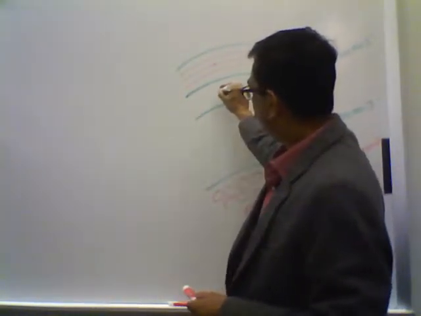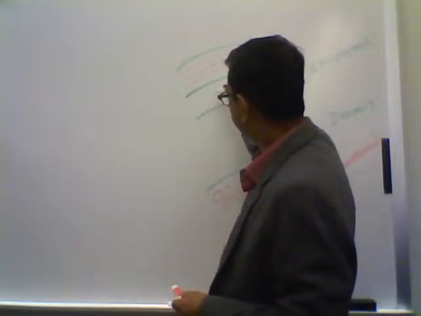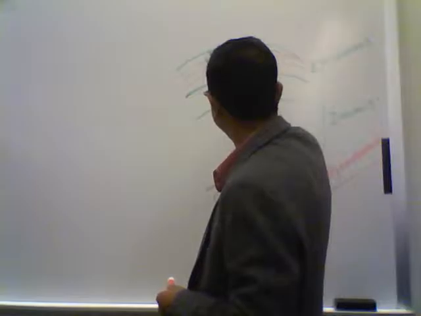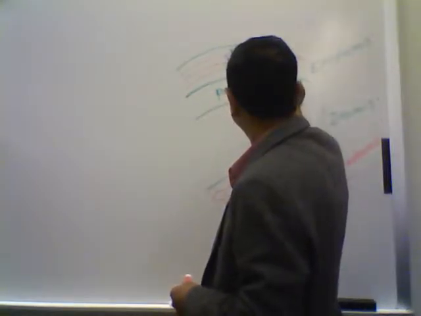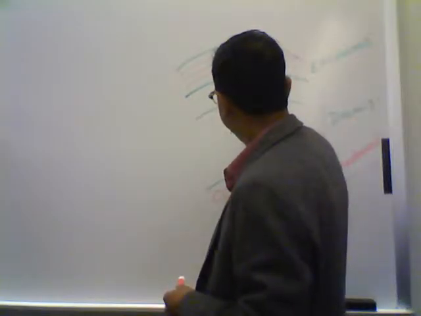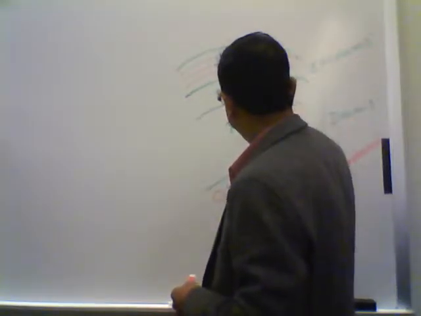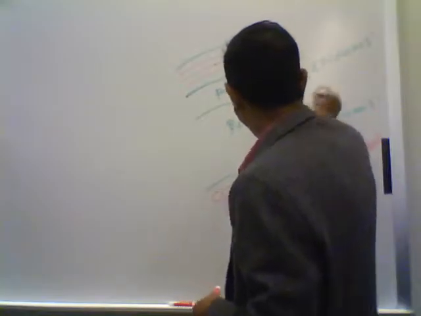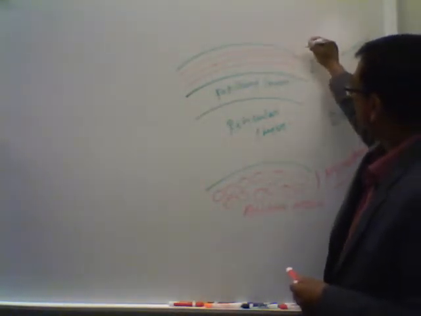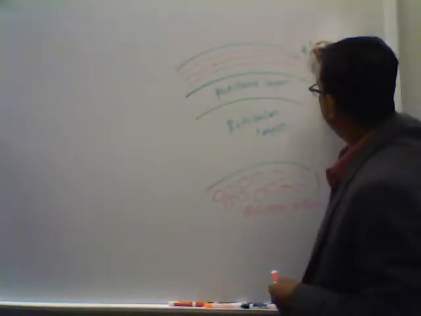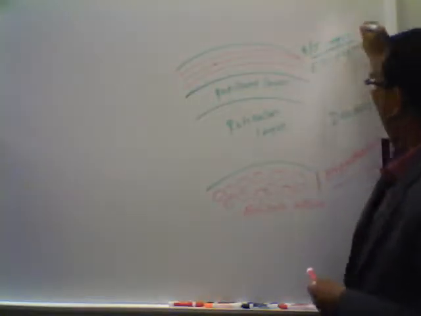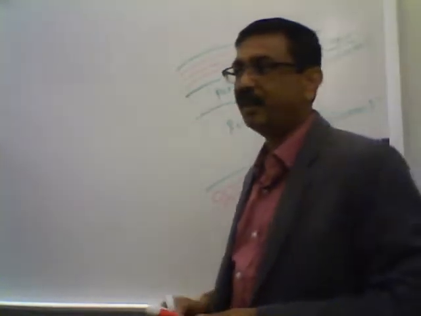The outer layer of the dermis is called the papillary layer, and the inner one is called the reticular layer. So dermis has only 2 layers, but epidermis has 4 or 5 layers depending on whether it is thick skin or thin skin.